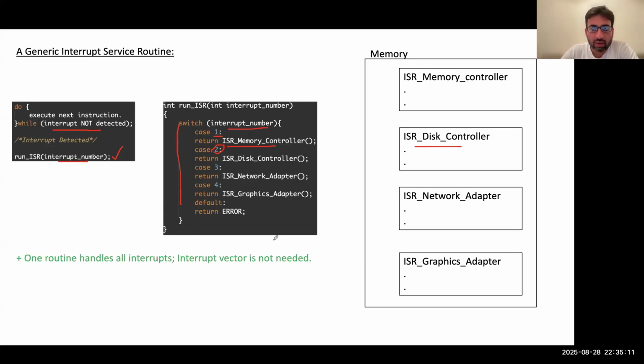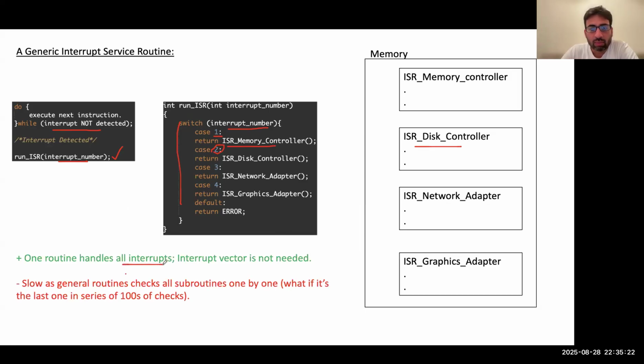Last time we said that the good thing about this approach of writing a generic interrupt service routine is that one routine handles all different types of interrupts. But the bad thing is that this approach is slow because the runtime is O(n). Why? Because it depends on how many different types of interrupts are supported.